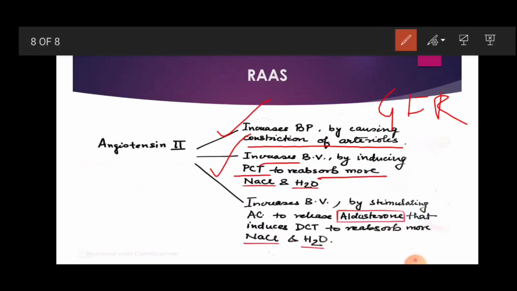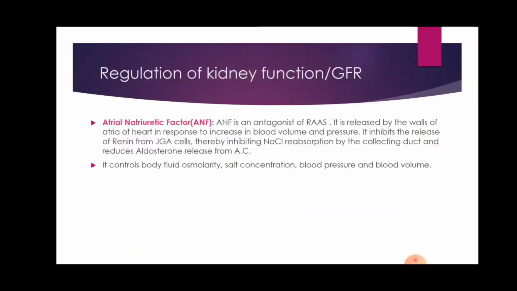Means it causes the reabsorption of NaCl and water at the level of the proximal convoluted tubule. And angiotensin 2 also stimulates the adrenal cortex to release aldosterone that induces the distal convoluted tubule to reabsorb more NaCl and water. So this is one of the mechanisms of regulation.